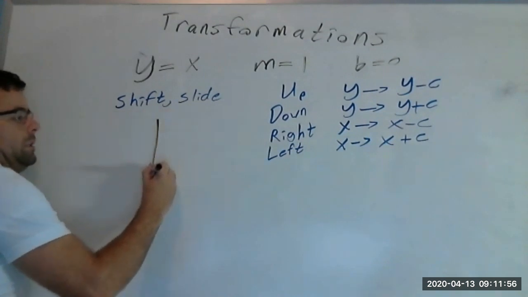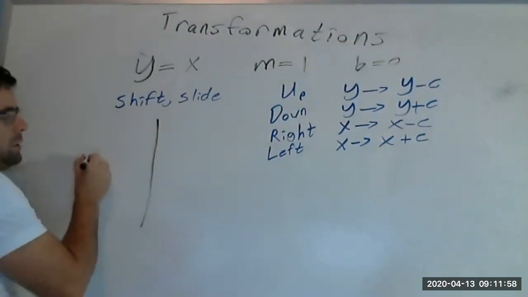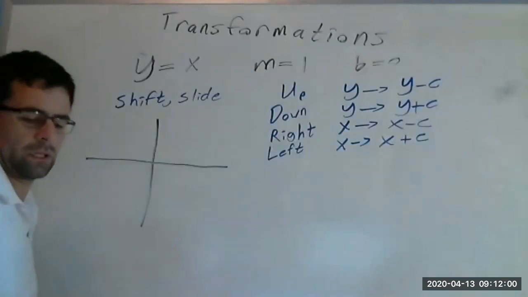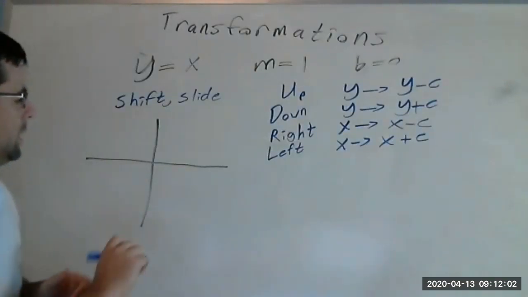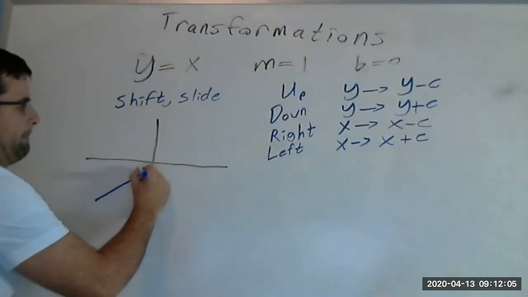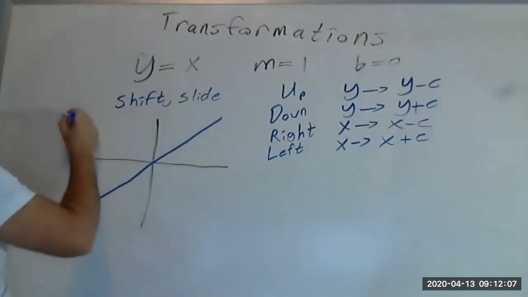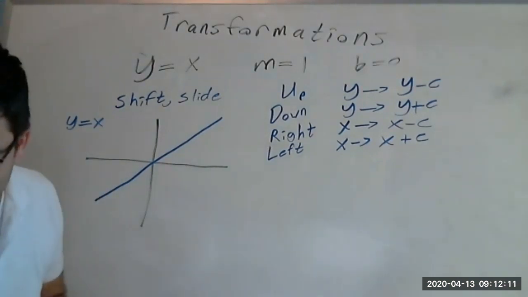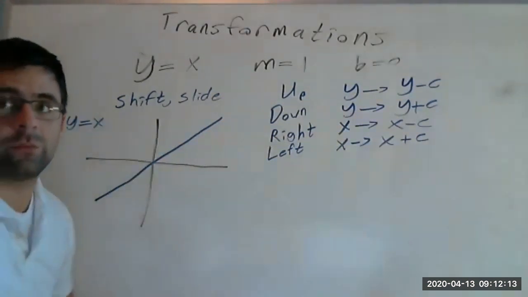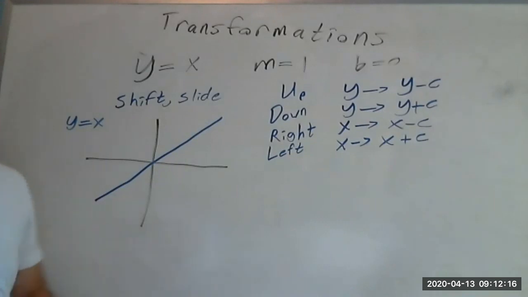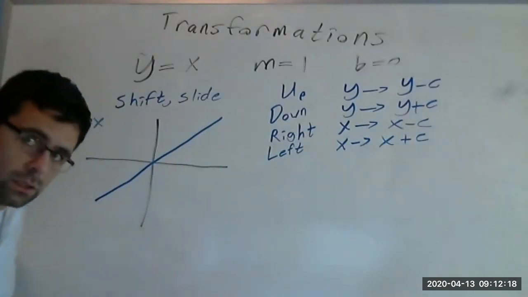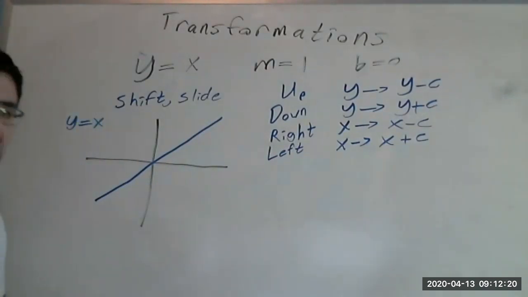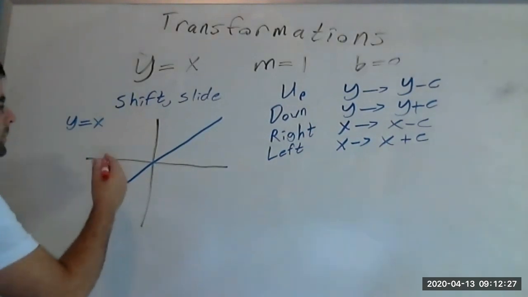We take the line y equals x, and if we shift that line up by, let's say, 3, then what happens?